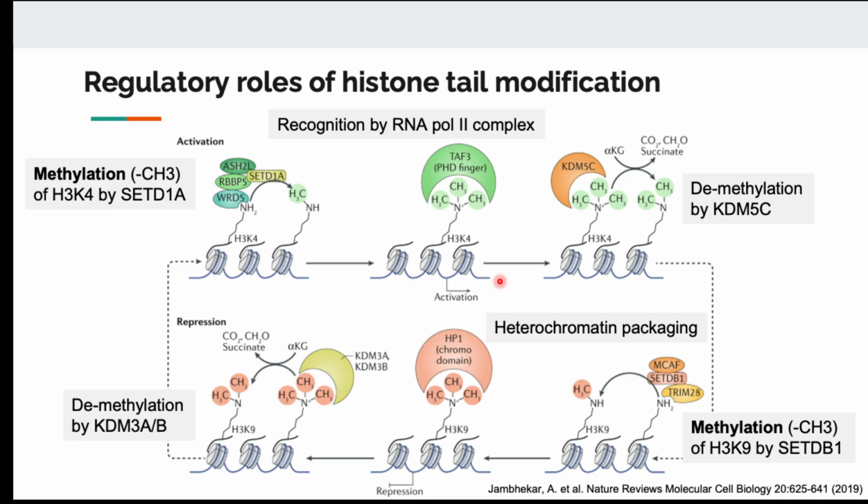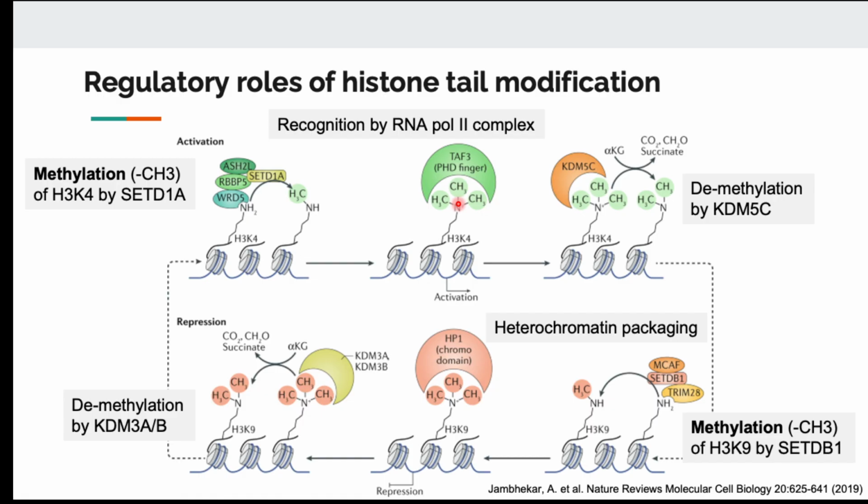And to give you an example of the regulatory function of histone modification, if you have methylation, adding the CH3 group onto the histone family, like histone number 3, H3, and on the lysine at the 4th position, this can recruit RNA polymerase.